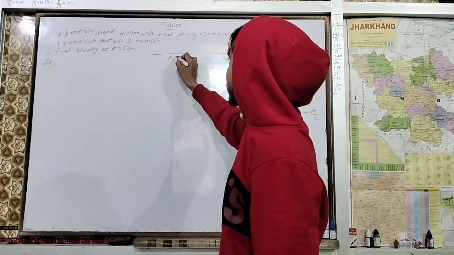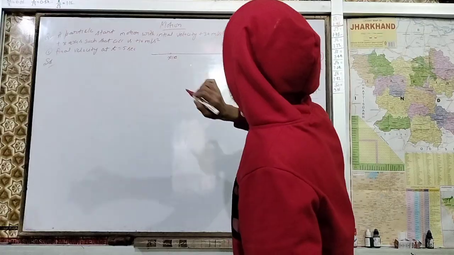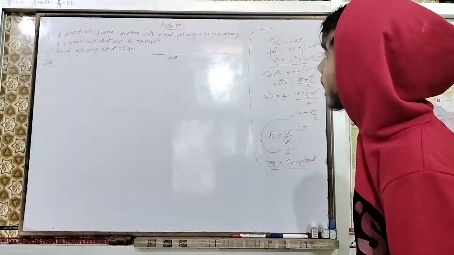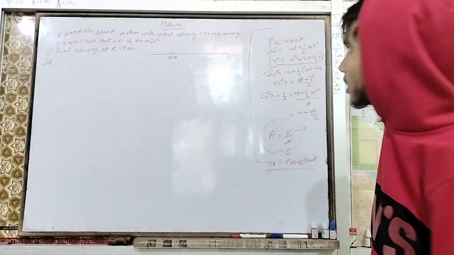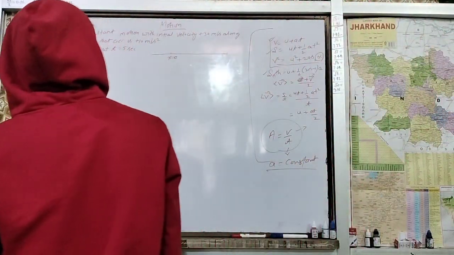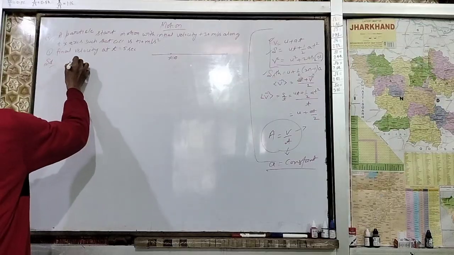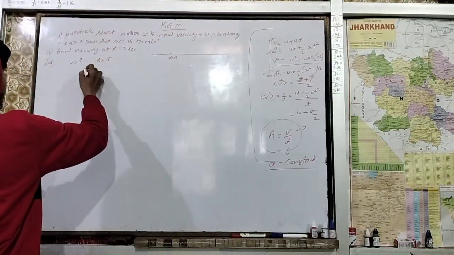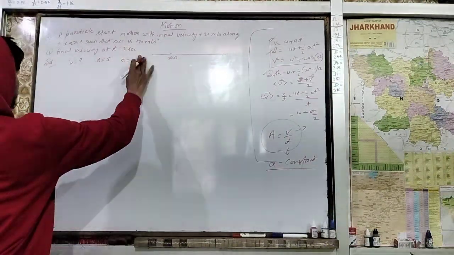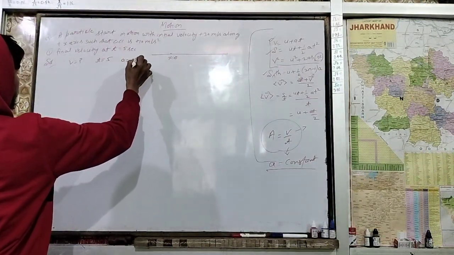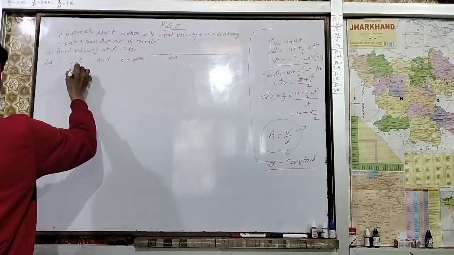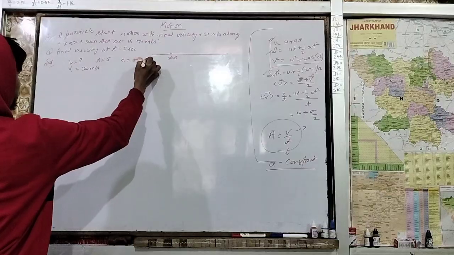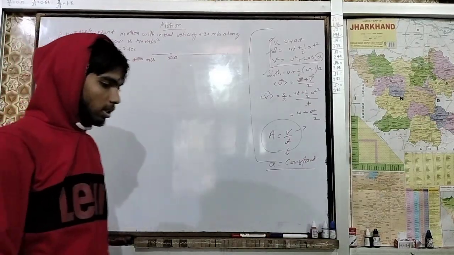So here x is 0, such that acceleration is becoming how much? Positive 10 meter per second squared. So find velocity. Velocity would be what? Where t is 5 seconds and acceleration is positive, and initial velocity vi is 30 meter per second.